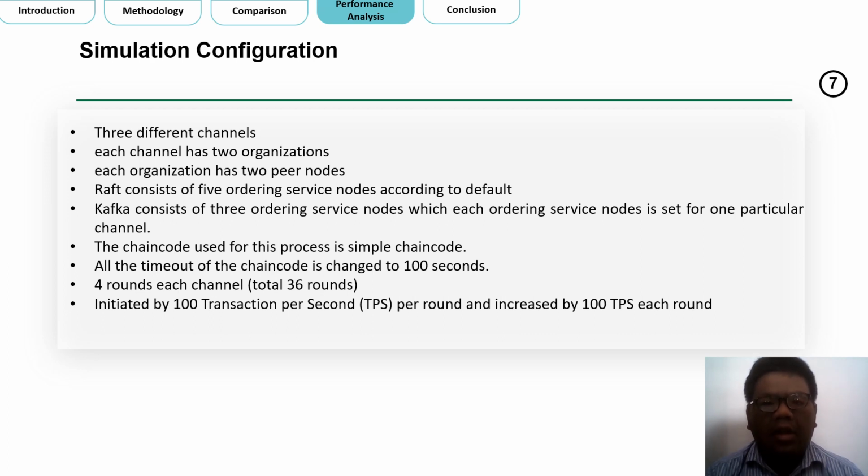Batch timeout and batch size are set according to the default of Hyperledger Caliper, which is 500 milliseconds and 50 transactions. The simulation was performed on Ubuntu 18.04 latest 64 bits with 18 GB RAM and 250 GB hard disk, installed with Hyperledger Fabric and Hyperledger Caliper.